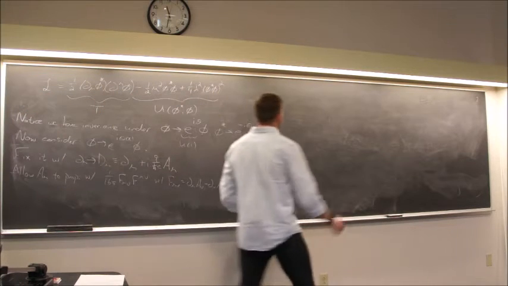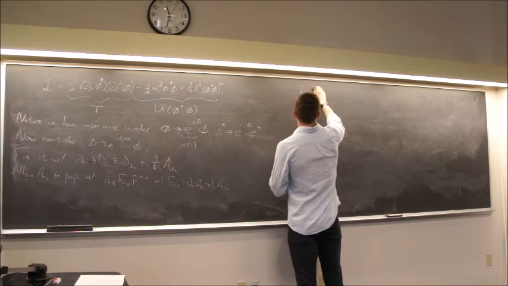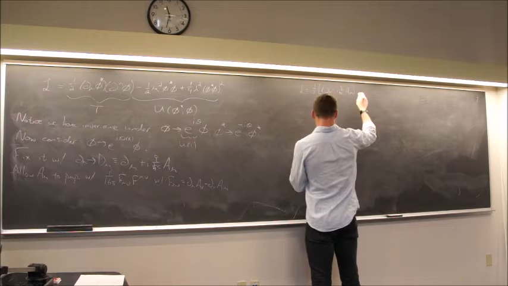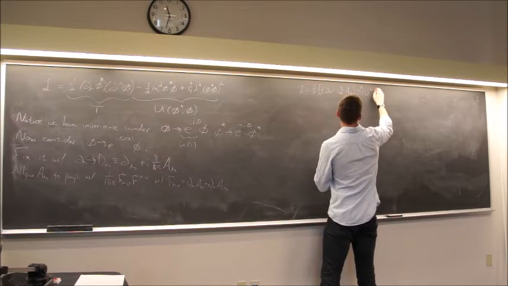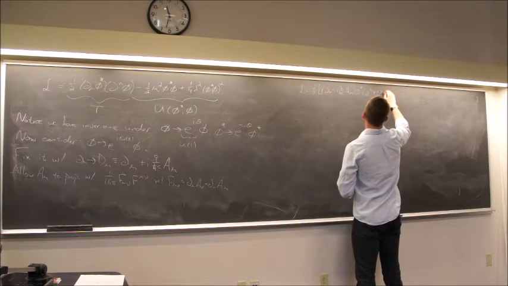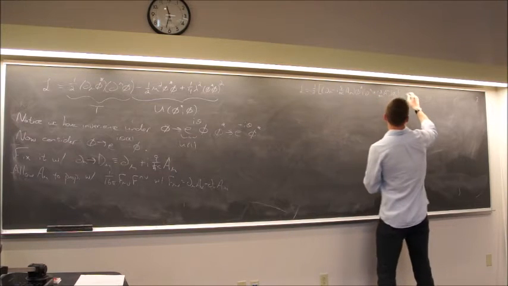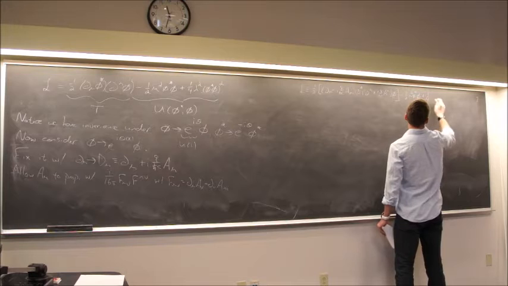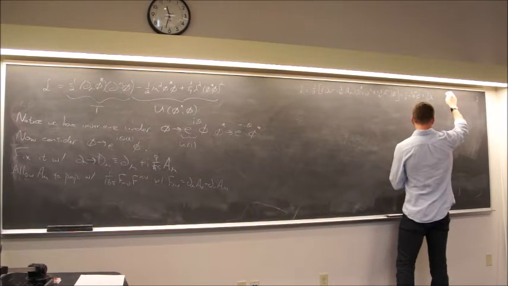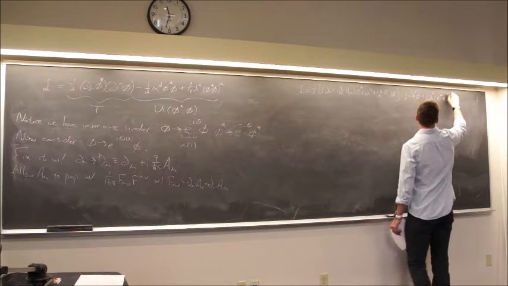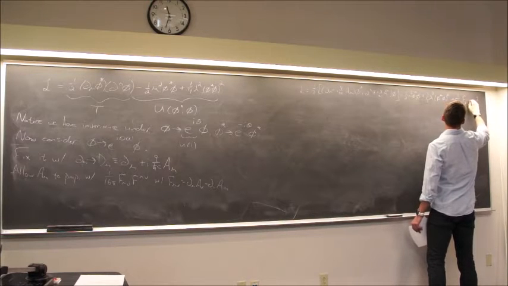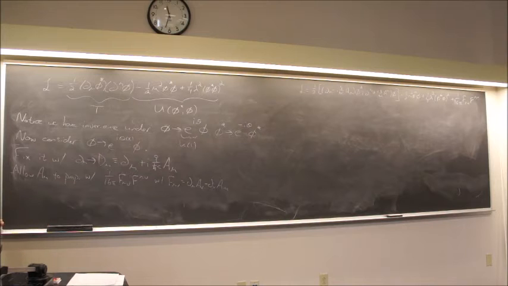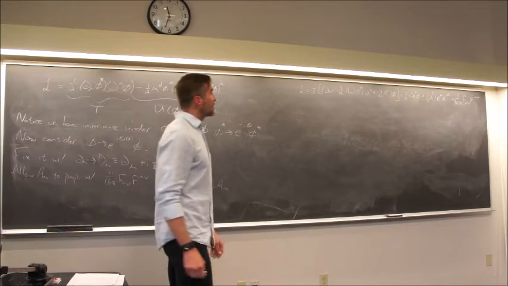So at the end of the day, I get a Lagrangian that looks like this. That is what I get at the end of making this U(1) a local symmetry with the usual recipe and adding in a kinetic term for A, et cetera.